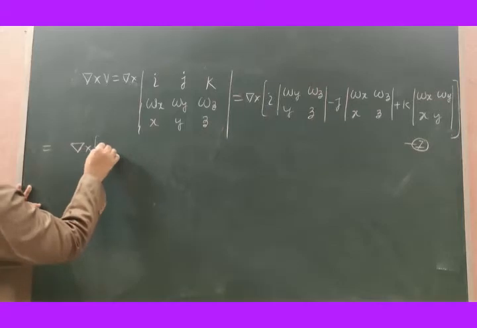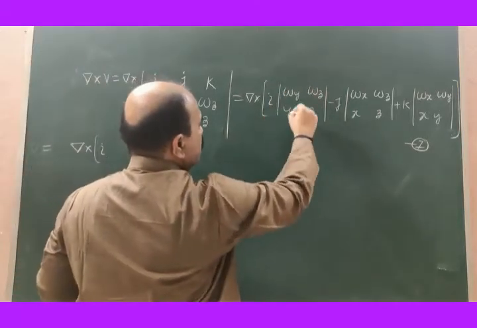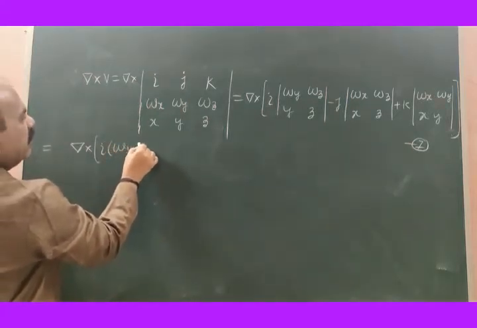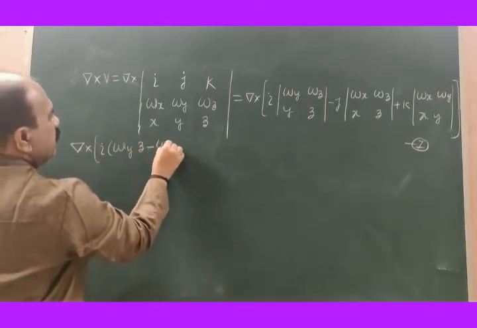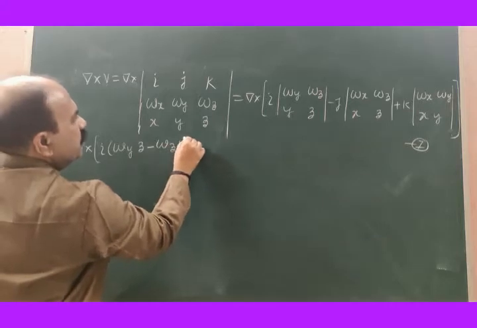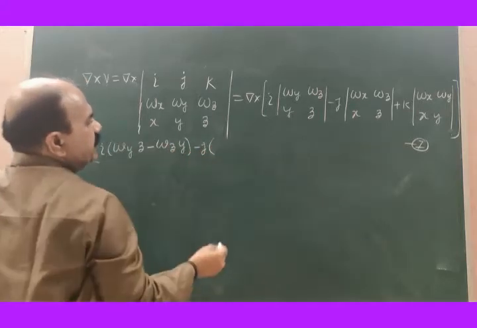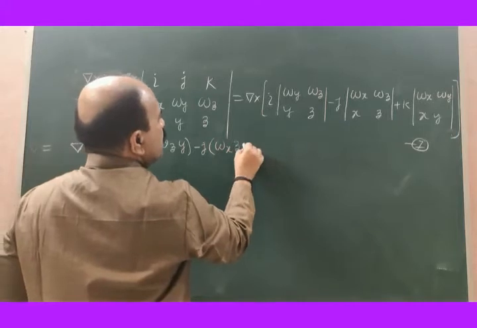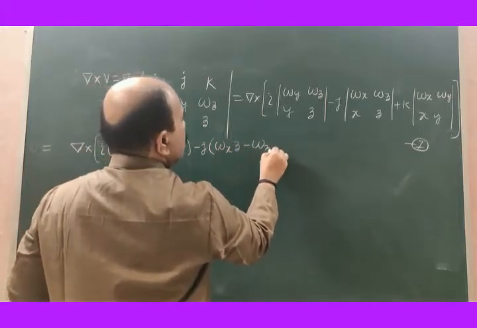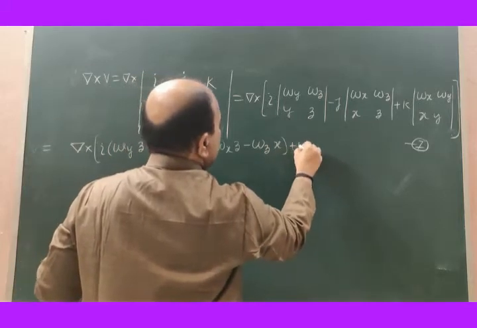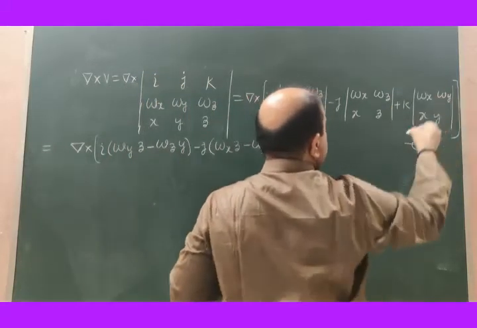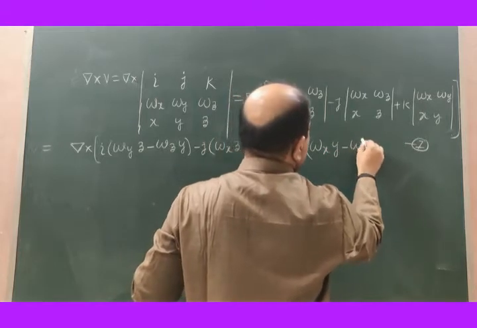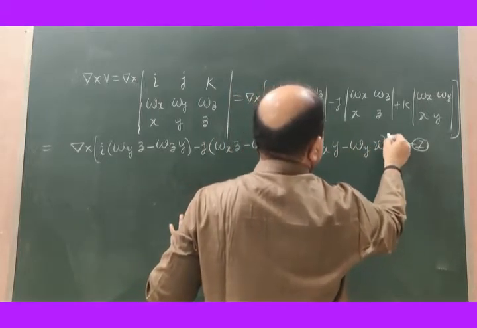Del cross: i, this cross product minus this cross product, omega y into z minus omega z into y, minus j into this cross product minus this cross product, omega x into z minus omega z into x, plus k times this cross product minus this cross product, omega x into y minus omega y into x.